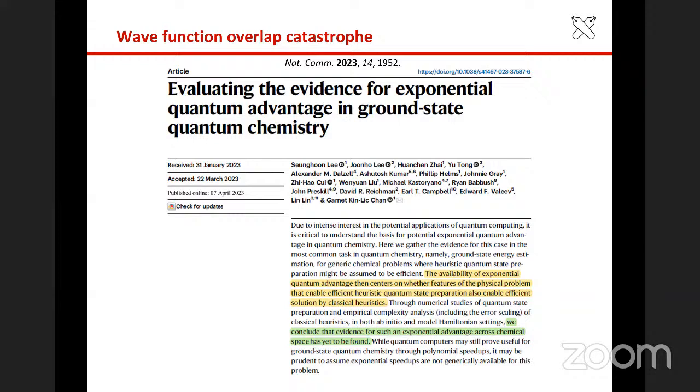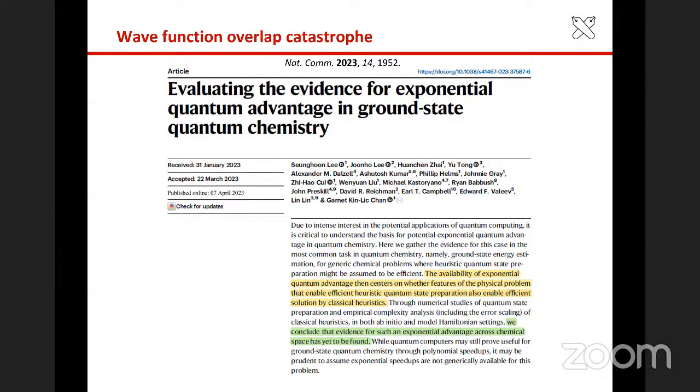But if the same state can be prepared on a classical computer in polynomial time, it is quite difficult to verify the quantum advantage. And they conclude that the evidence for such an exponential advantage across chemical space has yet to be found. So roughly speaking, if we can generate some approximate wave function on a quantum computer in an efficient way, we can also generate the approximate wave function on a classical computer in an efficient way.